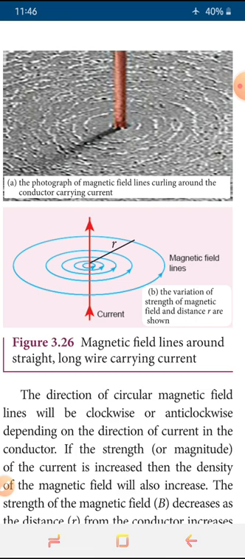See figure 3.26. Two pictures, A and B, are given. See A, where a golden colored copper wire is inserted through it. We can explain this experiment with a simple project. First I will explain that project, which is not given in your book.